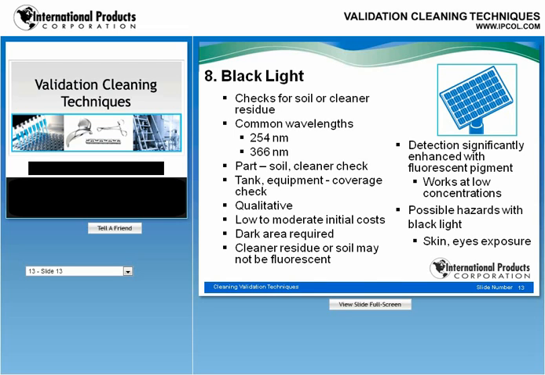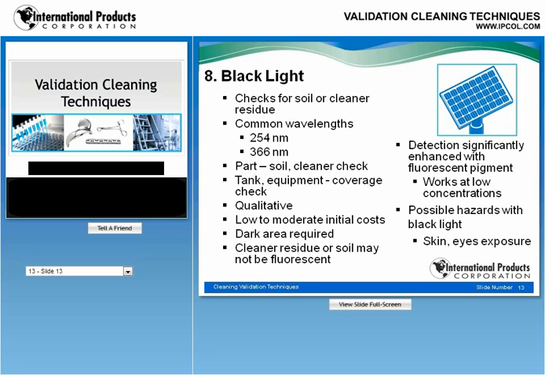But that's not necessarily a problem because fluorescent pigments can be purchased and they work at very low concentrations. So a small amount of a pigment can be added to your cleaner solution, and then you will be able to check for the coverage inside tanks or any residues remaining on parts. There are possible hazards with black light, specifically skin and eye exposure.